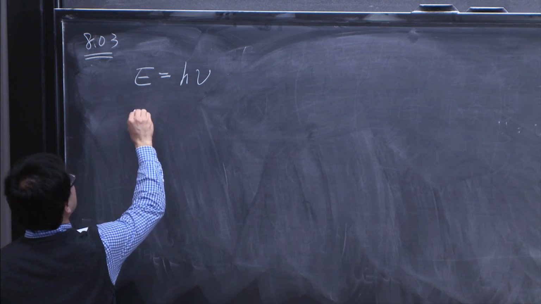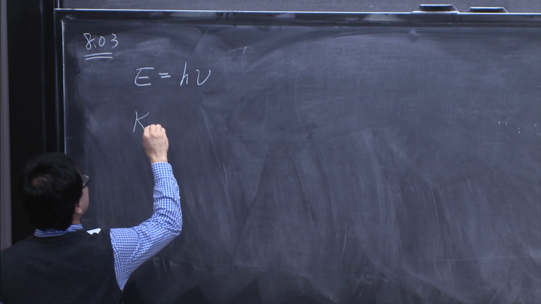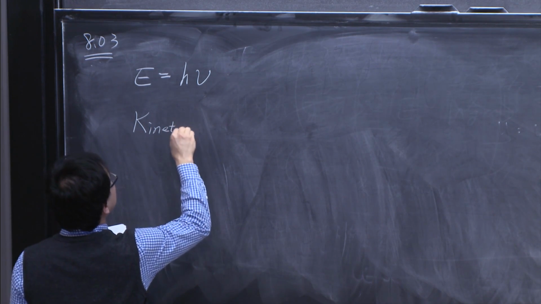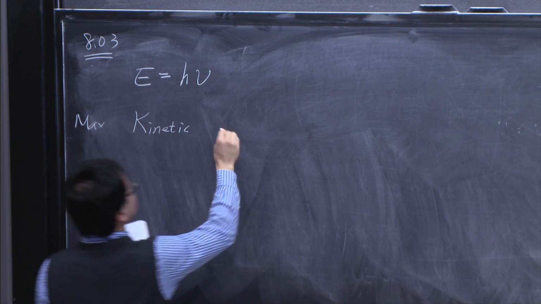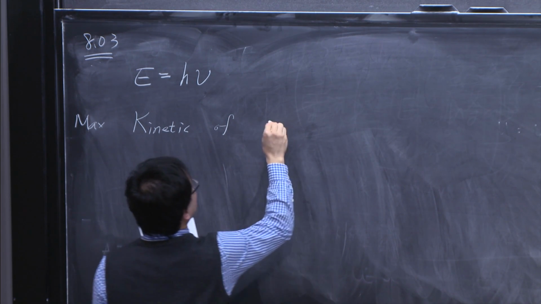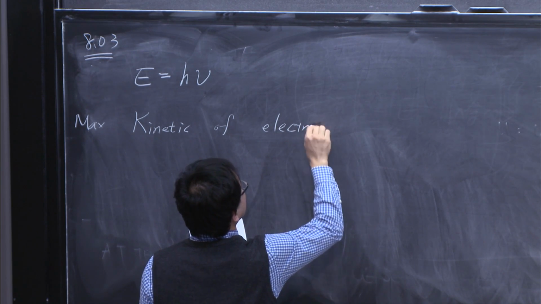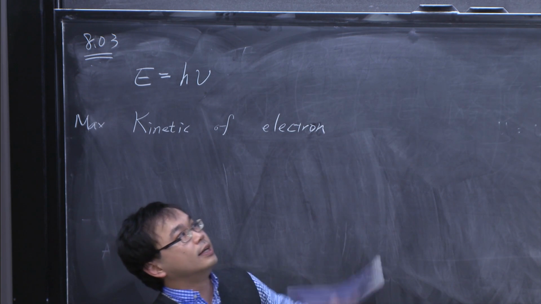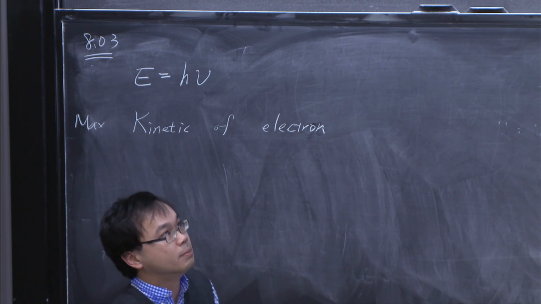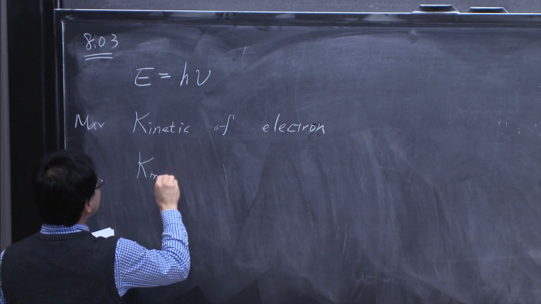And therefore, he can explain that, okay, if I measure the maximum kinetic energy of the electrons which are kicked out from this photoelectric effect experiment, I call it K max.